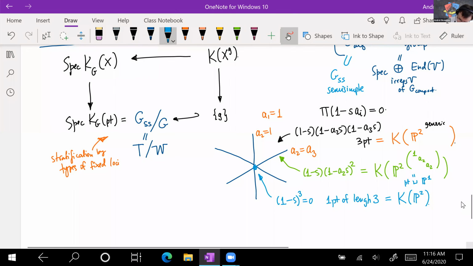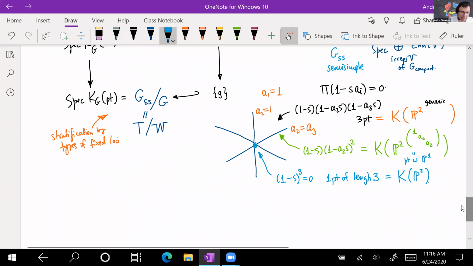So in particular, there's some general statement about what happens over a generic point. This is localization, something much more precise than this, but there are many statements called localization.